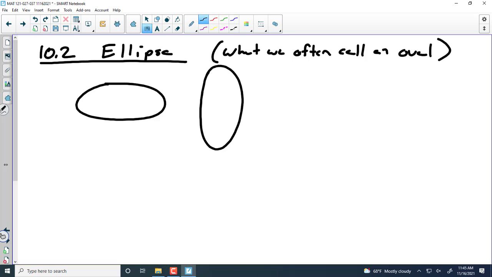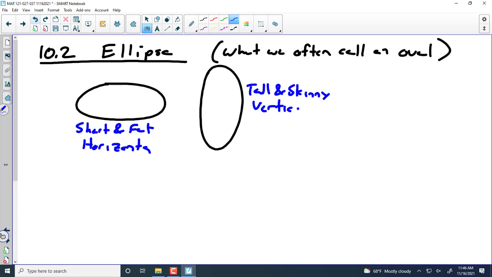In this class, we have two kinds of the ellipse. This one I kind of call the short and fat, or I call it the horizontal. And this one I call the tall and skinny, or I call it the vertical.